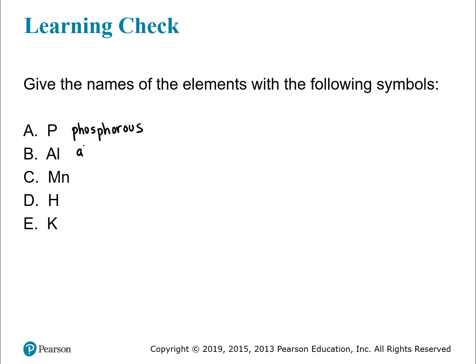Al is aluminum. Go through these, make sure you can do them. Even if you don't do it in your notebook, make sure that you have a periodic table and you kind of glance at it and say, okay, yeah, I can do that. If you can do that, you're good to go.